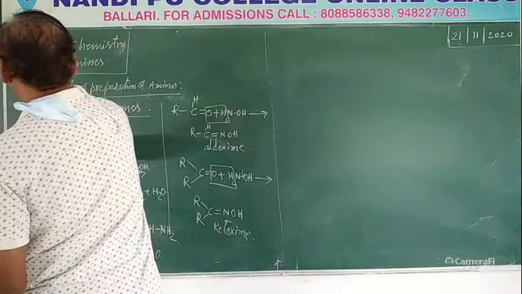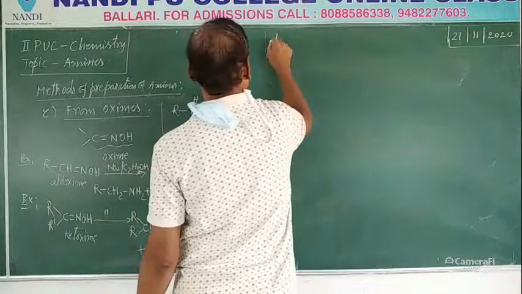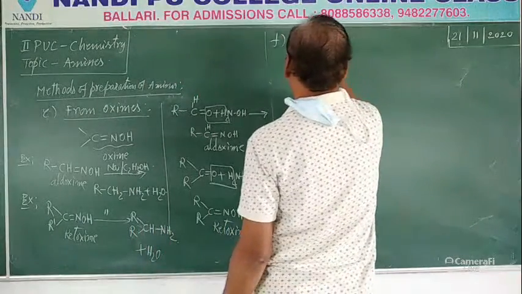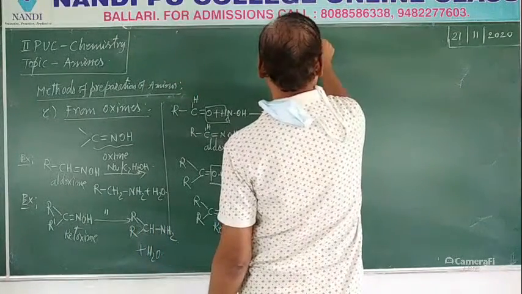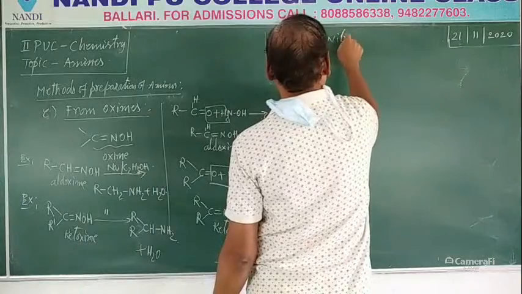This is E, and you can go for F: from nitro compounds.